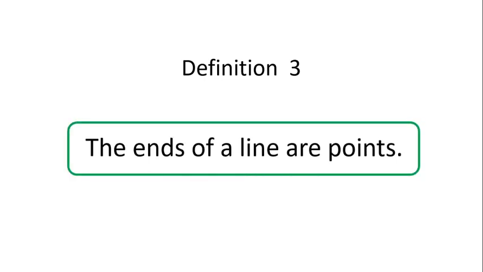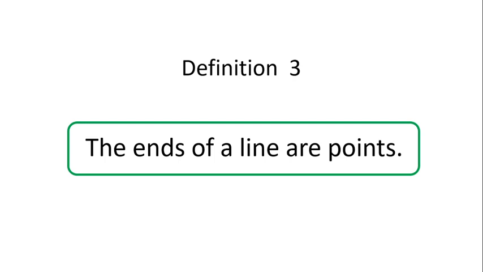The ends of a line are points. So in fact a line is nothing but a union, a collection of infinite number of points. They put together, it forms a line.